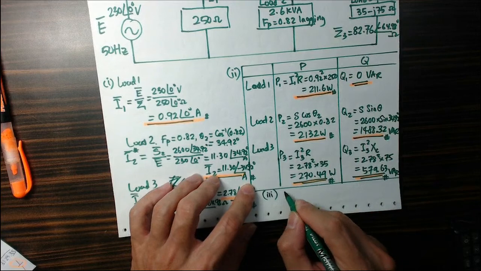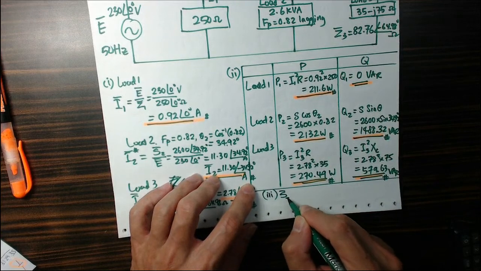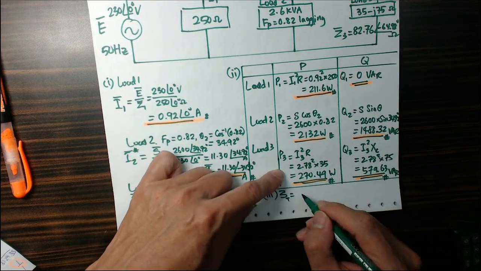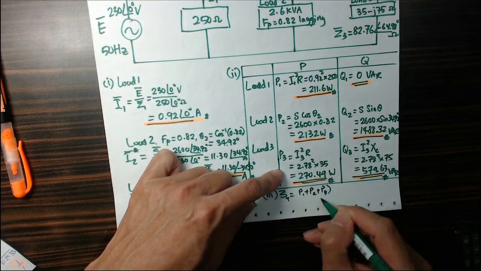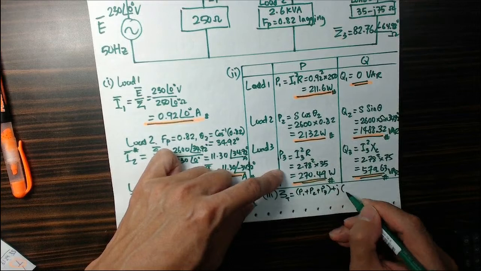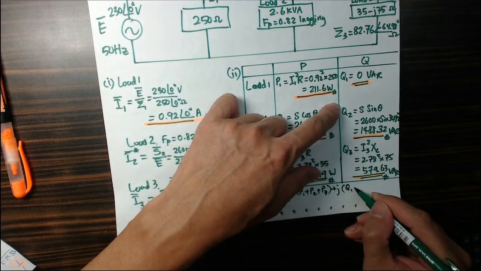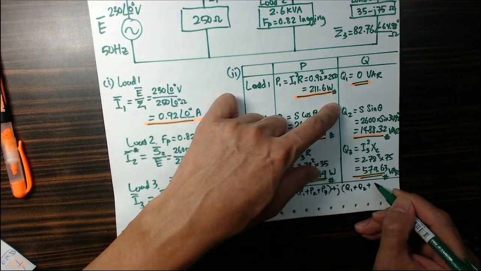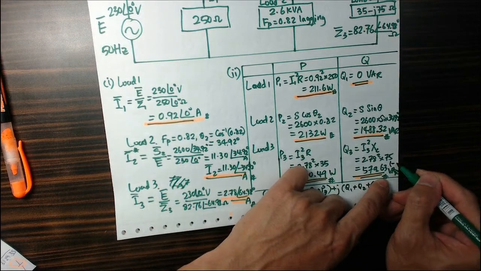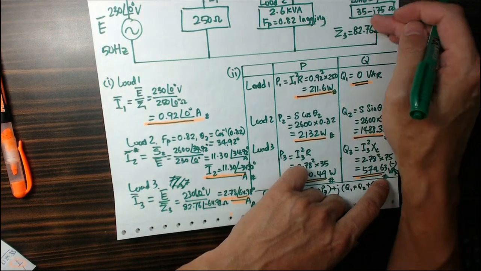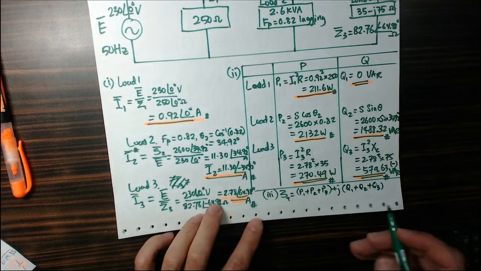The total apparent power is given by the sum of all the real power, P1 plus P2 plus P3, plus j of the Q values, Q1 plus Q2 plus Q3, noting that Q3 is actually negative because of the negative j here, right?